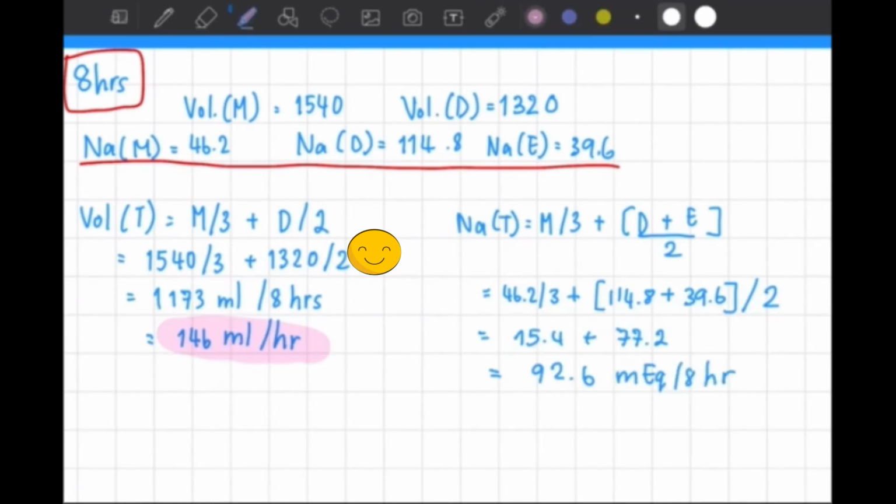All right. So within this 8 hours, this patient is going to need a total of 1,173 milliliters of volume and a total of 92.6 MEQ sodium.